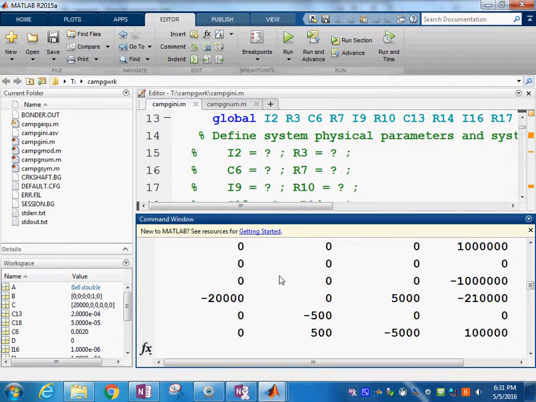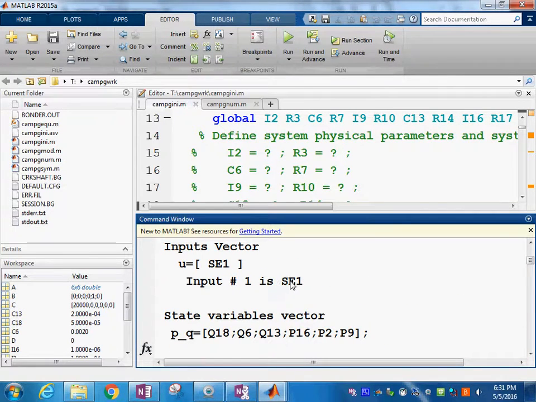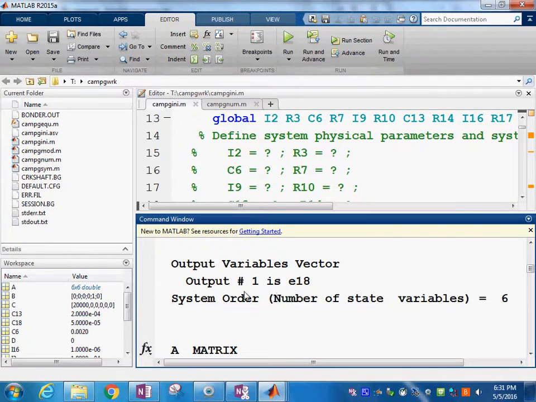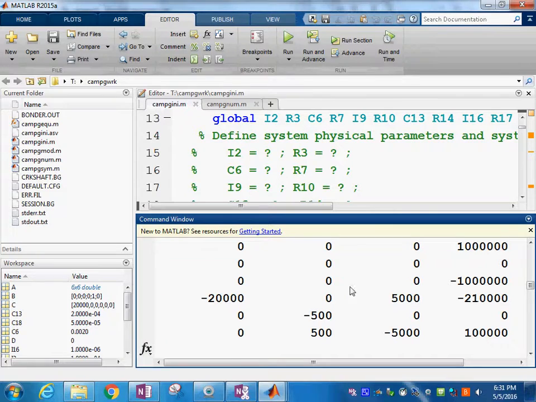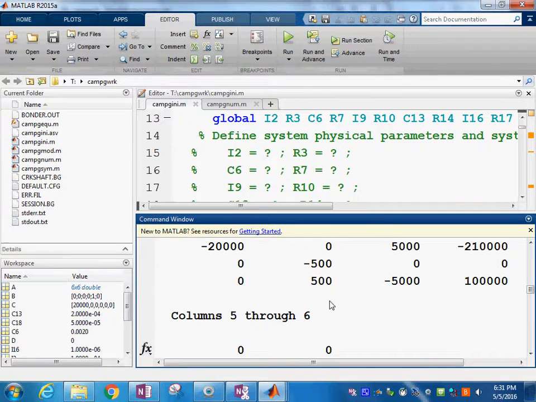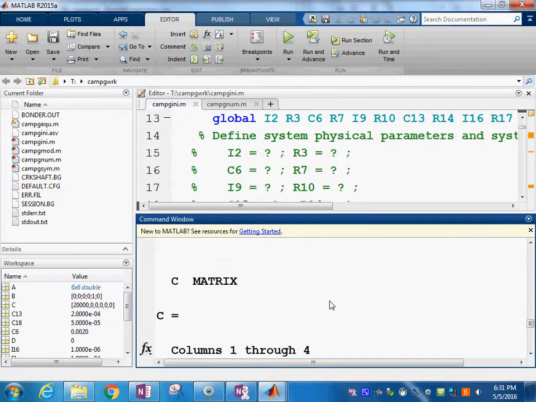See, first of all, it tells you this is the input. They also say E18 is the output. Okay, so you have A, the matrix in numeric form, then you have B and C, and then you have the D matrix.